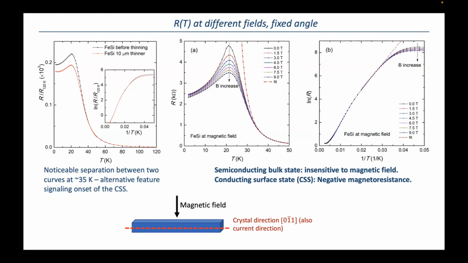And then this is a plot of log R versus 1 over T. And again, you can see that in the semiconducting bulk state, the resistance is insensitive to magnetic field. And then the conducting surface state has this negative magnetoresistance. Now, I should say that the crystals that we're looking at grow in the 0 1 bar 1 direction. That's also the direction of the current. The magnetic field is applied perpendicular to that axis of the crystal.